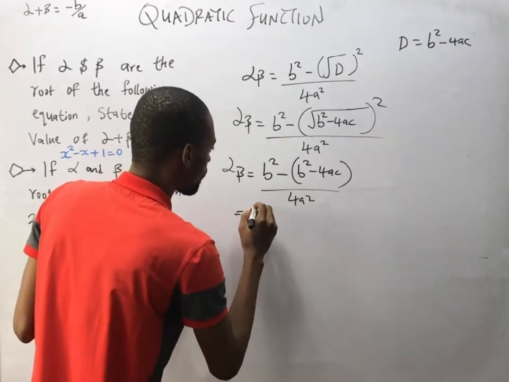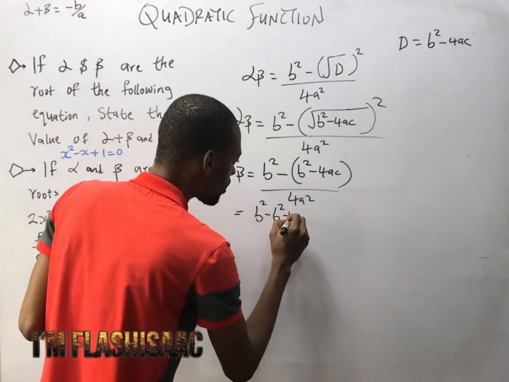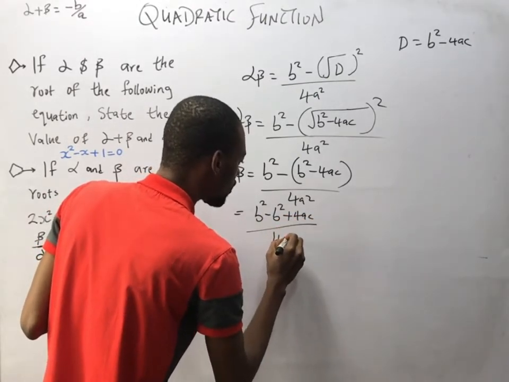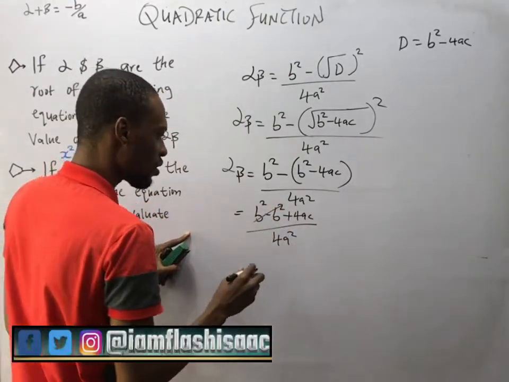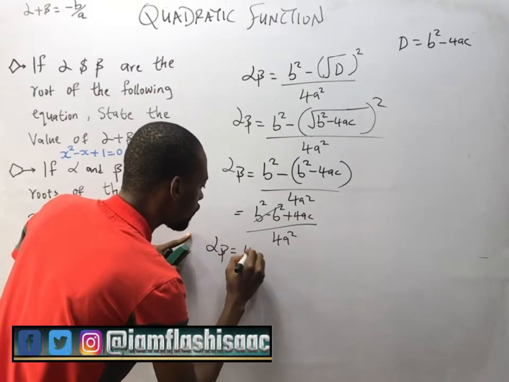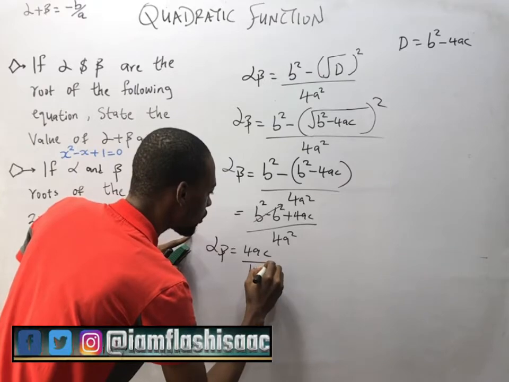This becomes b square minus b square plus 4ac all over 4a square. Now b square minus b square cancels. We are left with alpha beta equals 4ac all over 4a square.